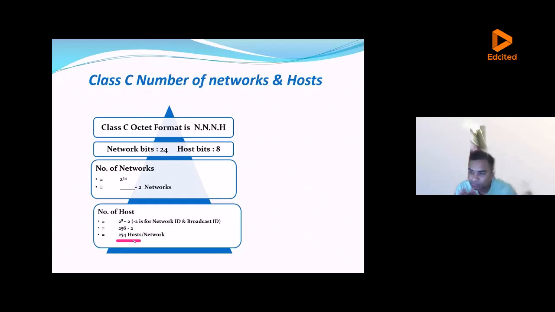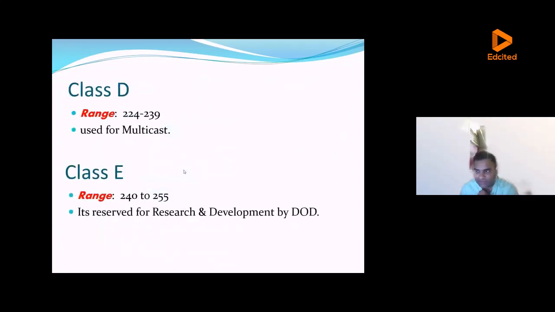So by default, we use class C in all internal networks, because in one house you might not have more than 254 devices. All home routers come pre-configured with this type of IP address.